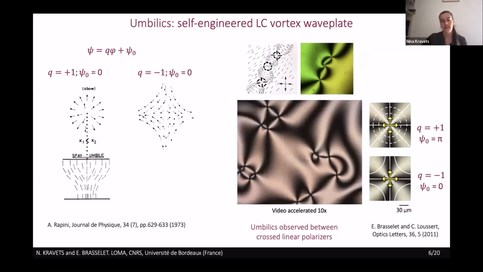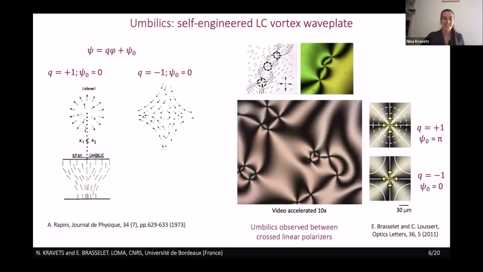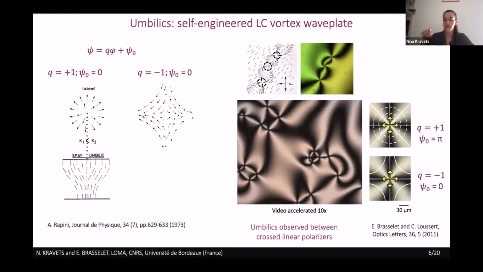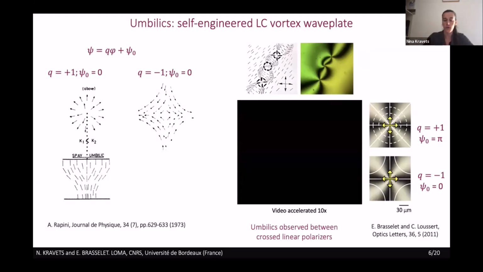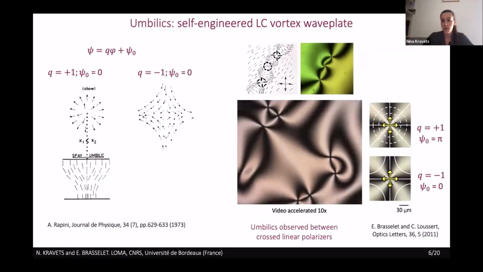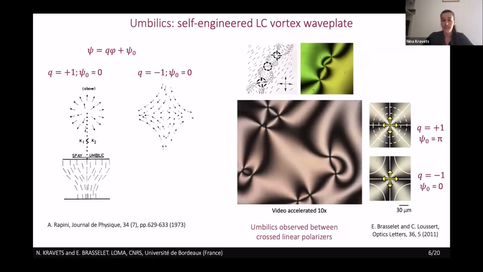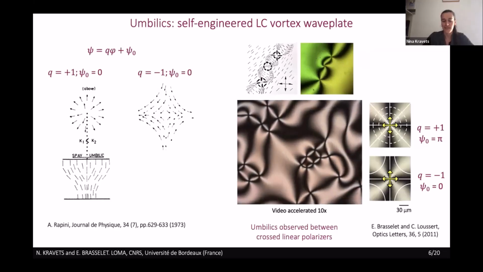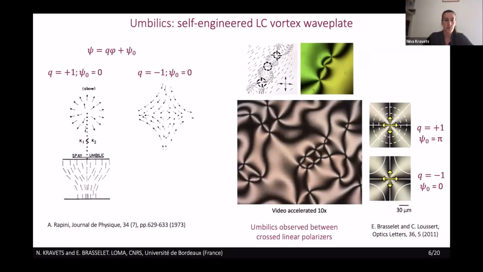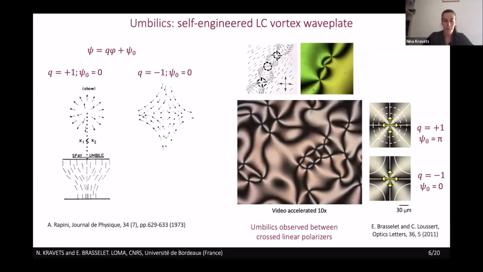In case the liquid crystal has negative dielectric anisotropy, the birefringent axis under the action of the electric field will go out of the plane and create spontaneously an ensemble of those material topological defects. And by chance, or by the nature of the system, the topological charge of such defects will be plus or minus 1, which is perfectly suitable, for example, for coronagraphy applications.